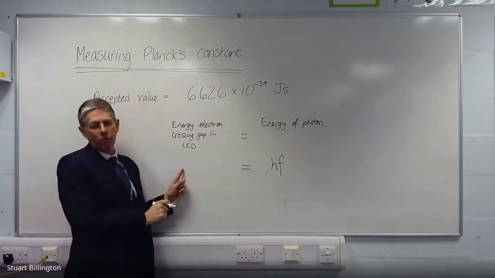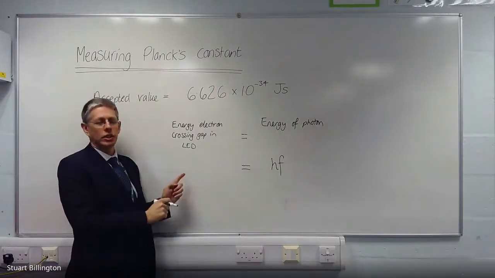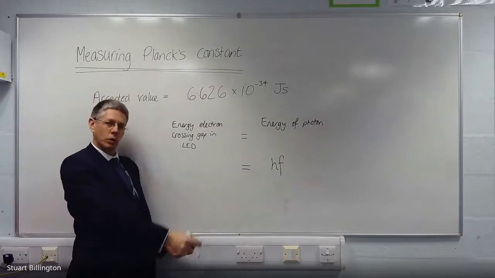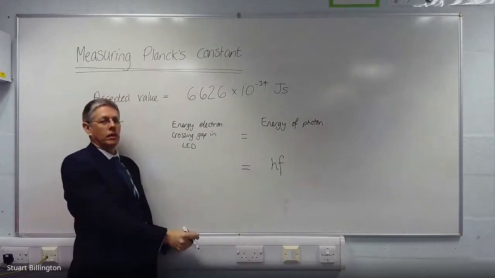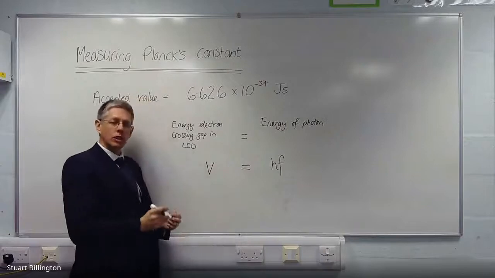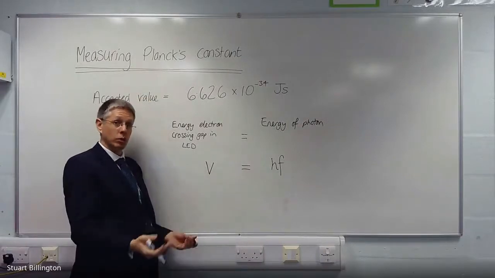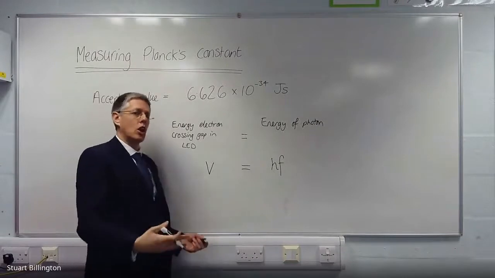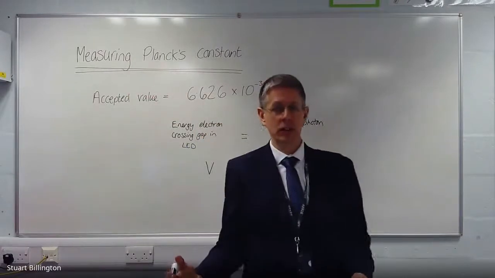Well, the voltmeter is reading the potential difference, which is joules per coulomb. That's the V bit. So if we just want to convert the joules per coulomb into joules, we need to know how many coulombs an electron has got.